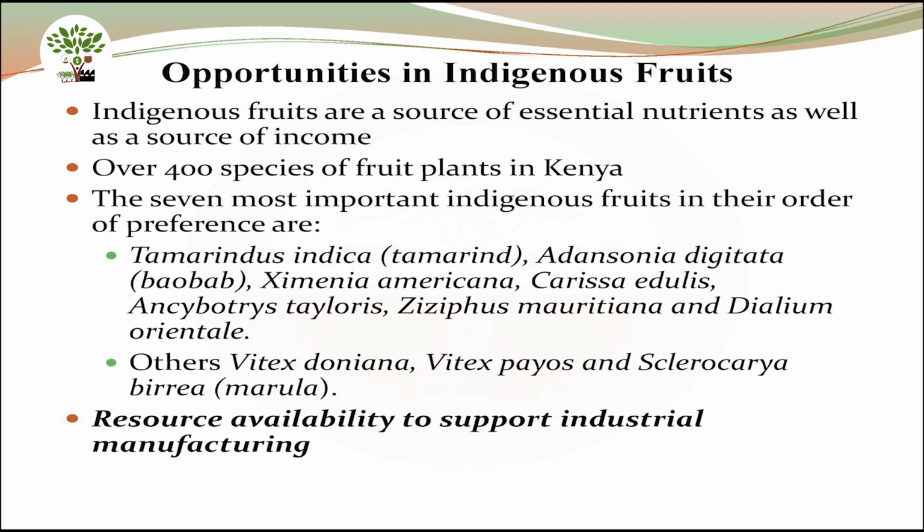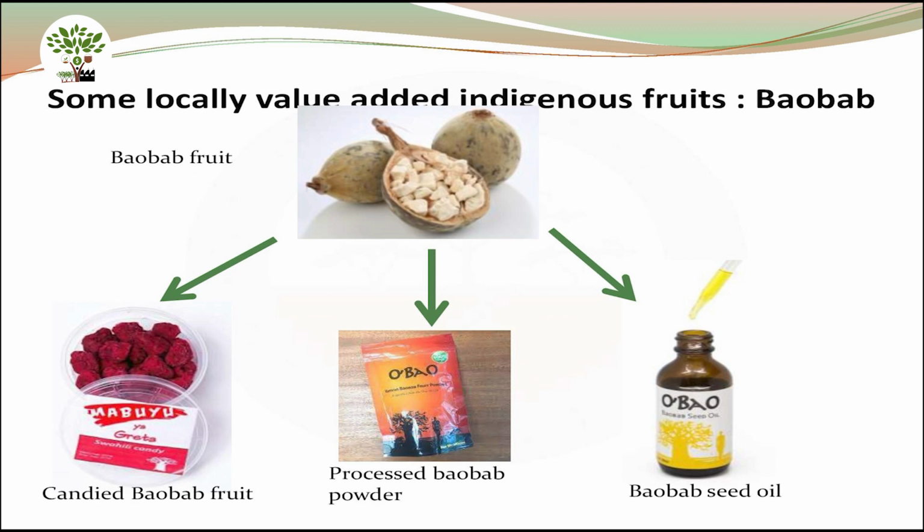And for instance, a baobab fruit, we have a company called Ubao. We were able to incubate them some few years back, almost 5 or 6 years ago. And what people usually know the baobab fruit for is a candied baobab fruit, mabuyu in Kenya.